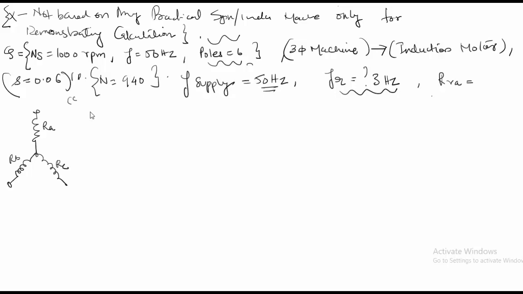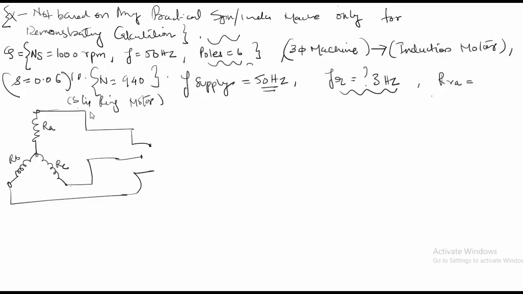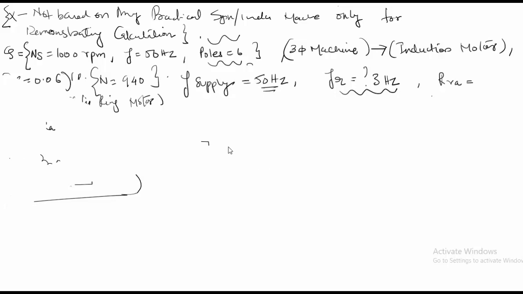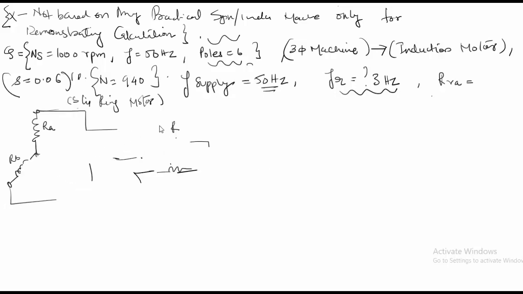So this I am talking about for a slip ring motor. So it's possible to bring this out and connect 3 external resistances to this circuit.